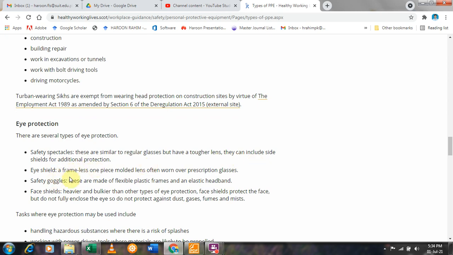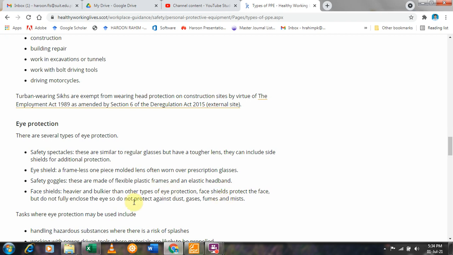Eye shield, a frameless one-piece molded lens, often worn over prescription glasses. Similarly, safety goggles are made of a flexible plastic frame and an elastic headband. Similarly, face shield, heavier and bulkier than other types of eye protection.